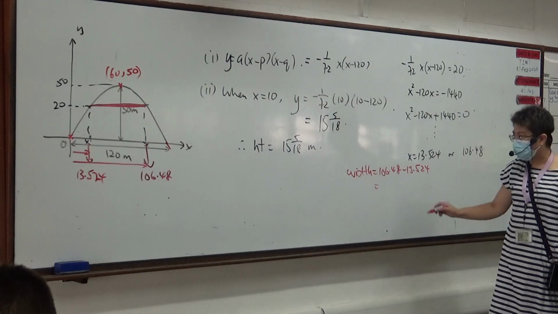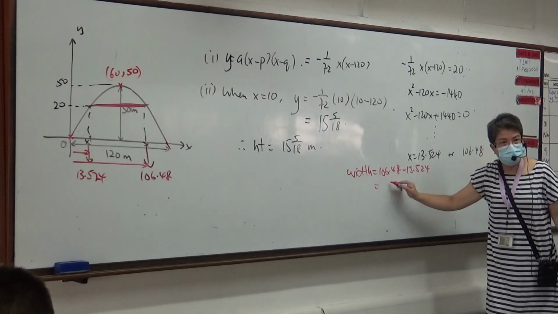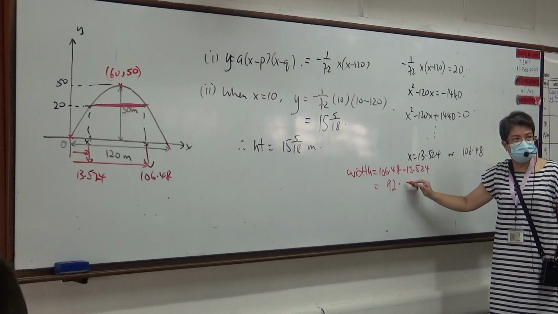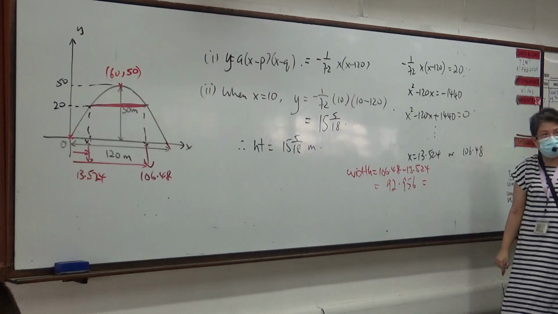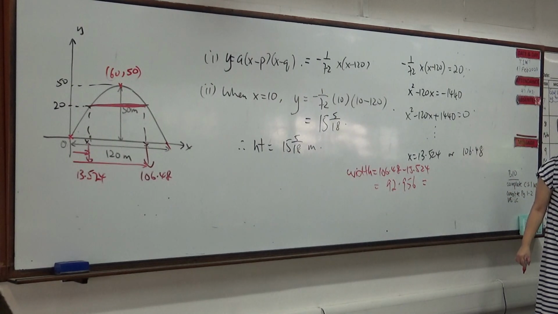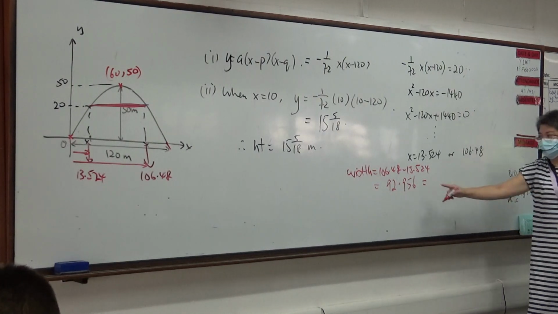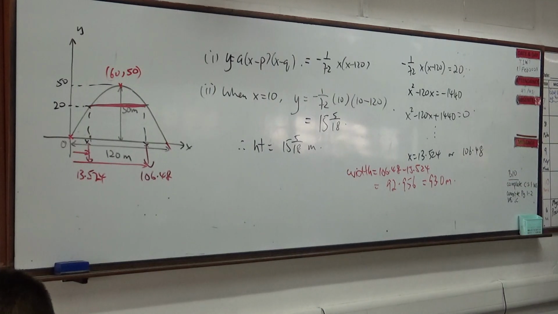What is it? 92.956. Is it correct? The answer must be given to what? 3 significant figures, right? So 92.956 to 3 significant figures is 93.0 meters. So the width of the arch is 93.0 meters. Are we all clear now?